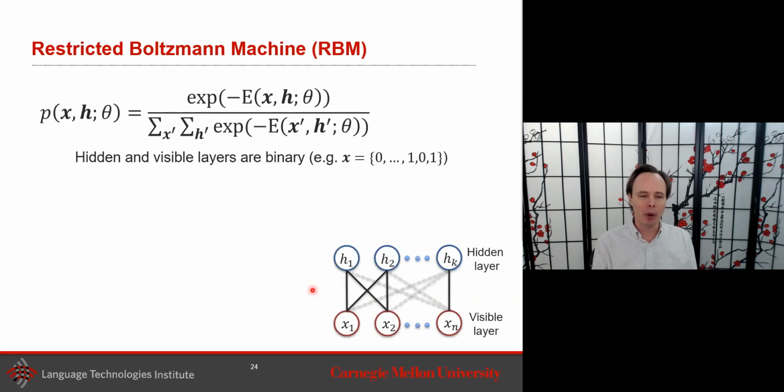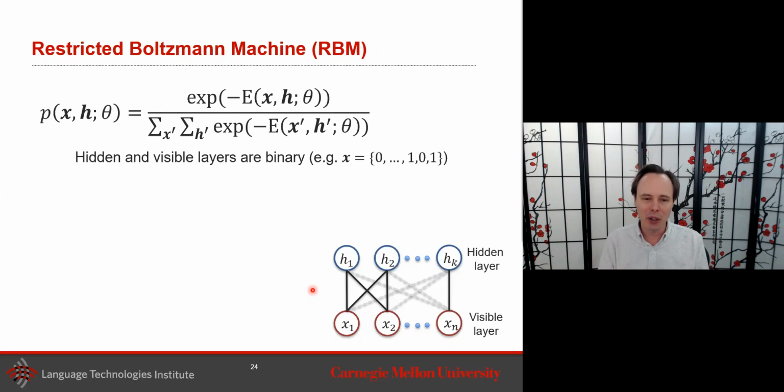Mathematically, the restricted Boltzmann machine is an energy model. I don't know how many of you have heard that term before, but if you work with conditional random fields, which we're about to talk about in a little bit, these are sometimes also called energy models.